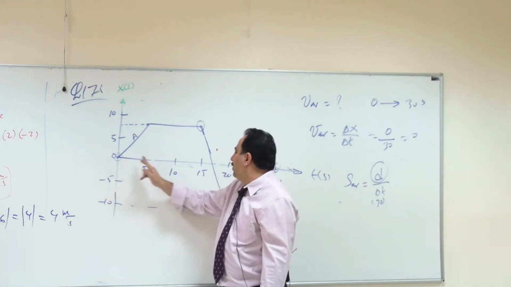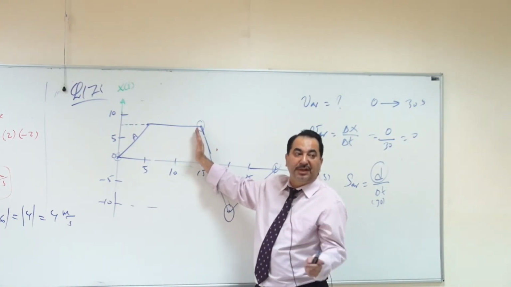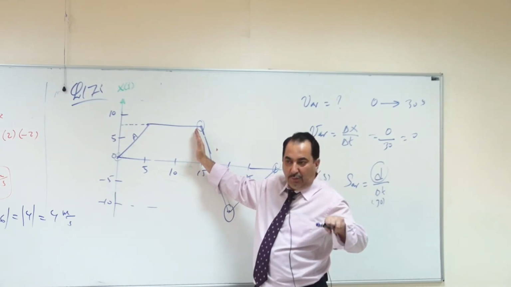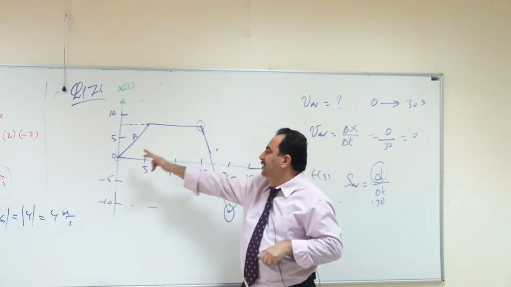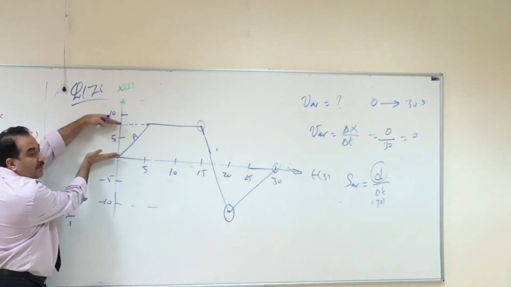Now, from 0 to 15, did you turn? No. So distance and displacement are equal in magnitude. So what's the distance moved from 0 to 15? 7.5.